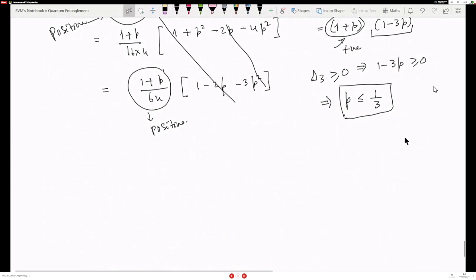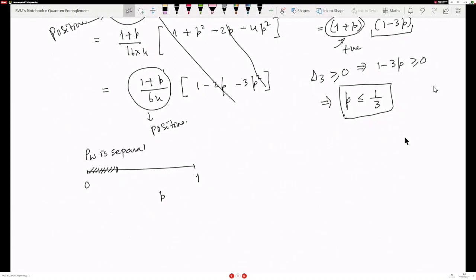If you look at the parameter space, let's say this is your p from 0 to 1, and there is some 1 by 3 here, in this region rho w is separable, whereas in this region, that is p greater than 1 by 3, rho w is entangled.